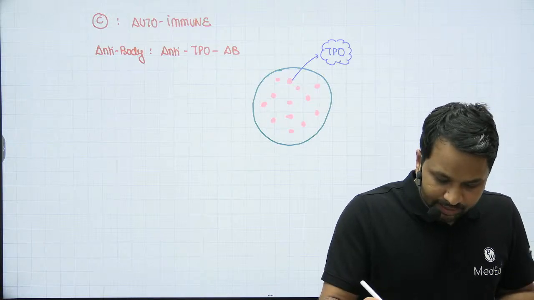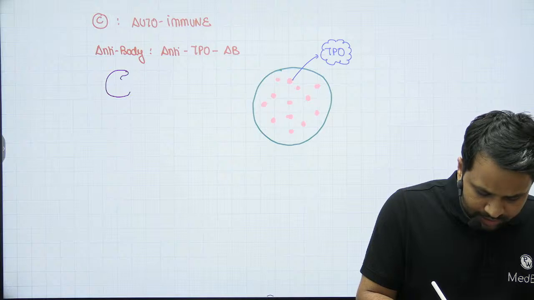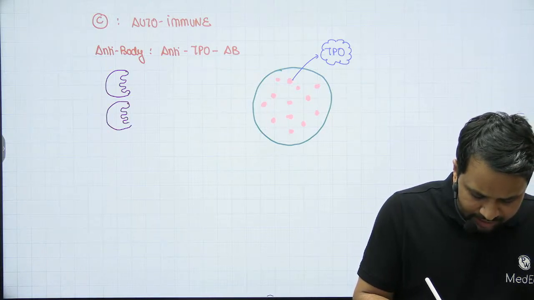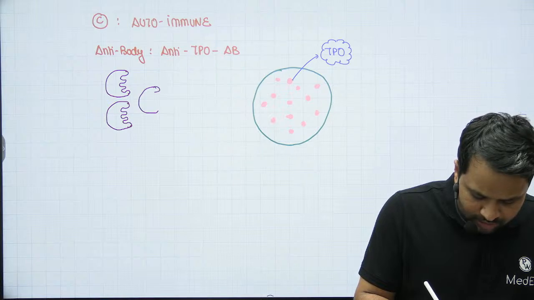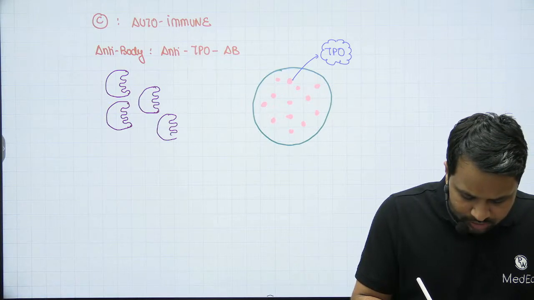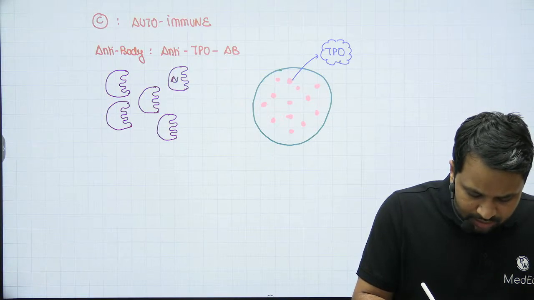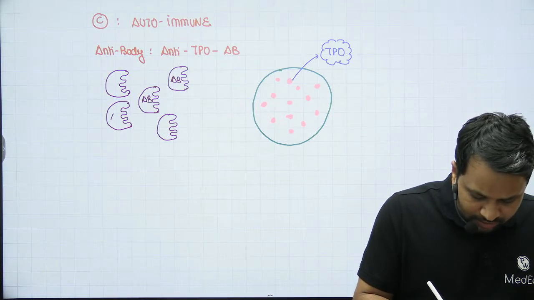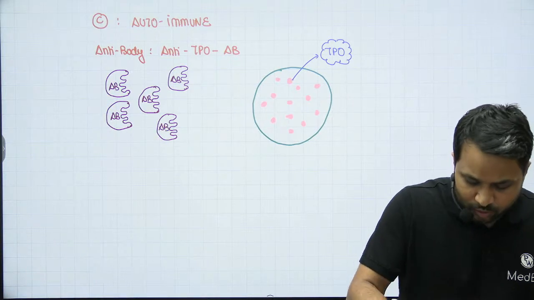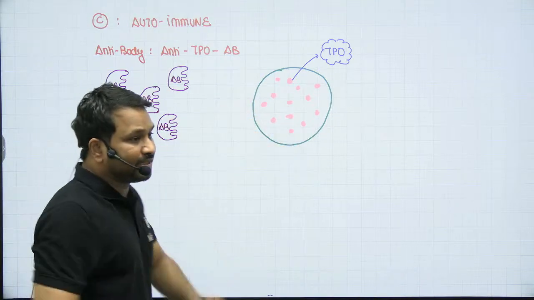These anti-TPO antibodies are synthesized, and they have only one target: to go and kill the thyroperoxidase enzyme. They are born to kill. Their single motive in life is to go and kill these thyroperoxidase enzymes.